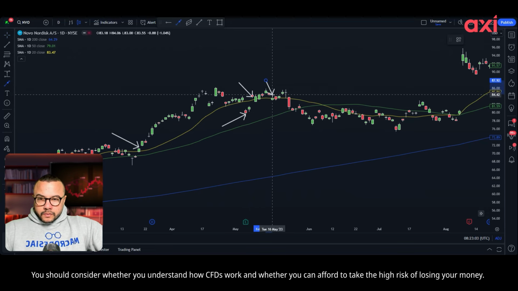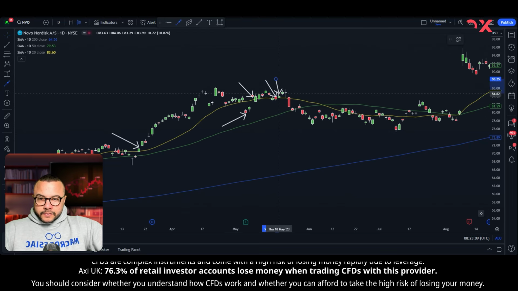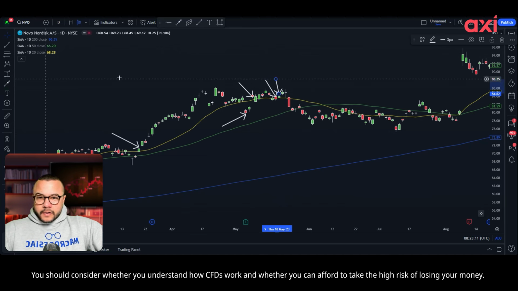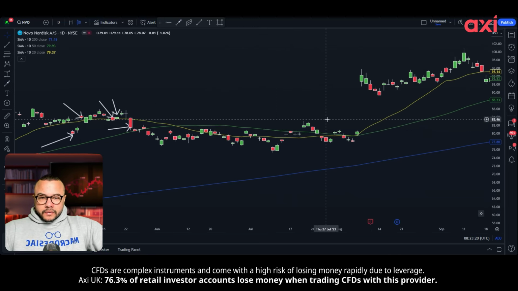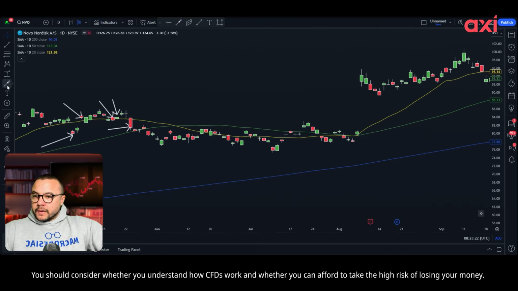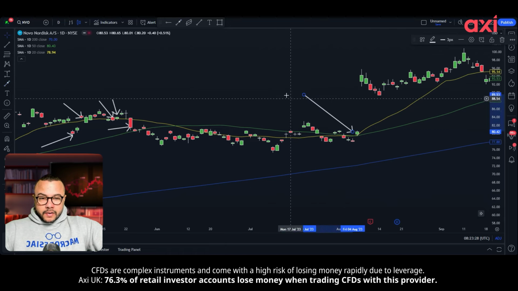You would sell there, and then you would buy again here the day after, but then you would close out here. And really, it doesn't matter the amount of times that you get closed out. What matters is that when you do catch the market going, so here, for example, you'd have been chopped up all around here.